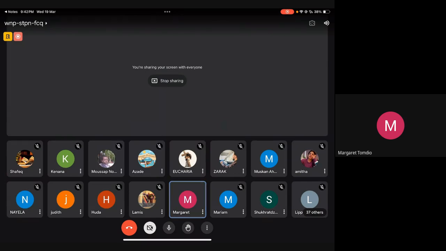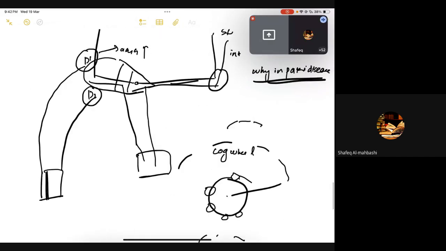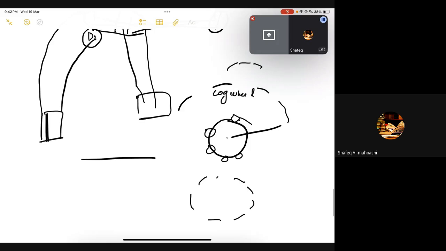All of you know we are going to have rigidity, but what's the reason behind that? Yes, Dr. Shafiq. I think because of the reduction in the dopamine, it will increase the stiffness of the muscle.